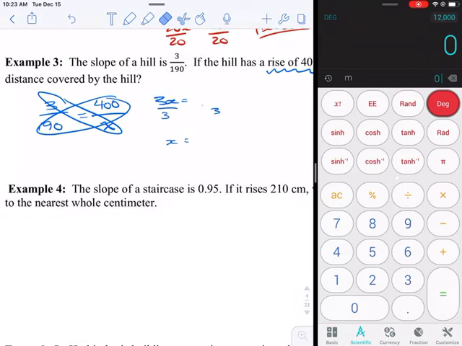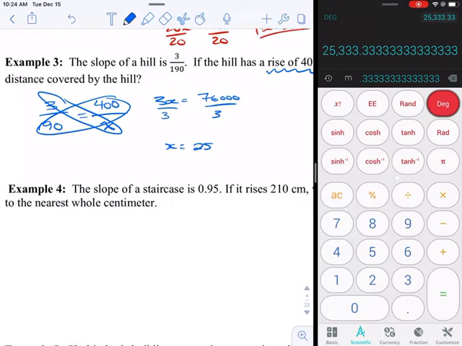So this is not going to be 36,000. It's got to be 190 times 400. So that's going to be 76,000. So if you divide that by 3, you get 25,333.